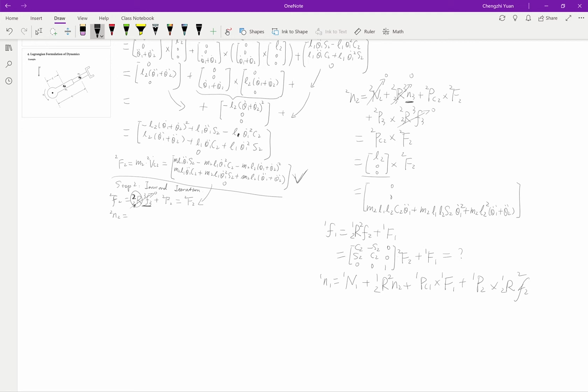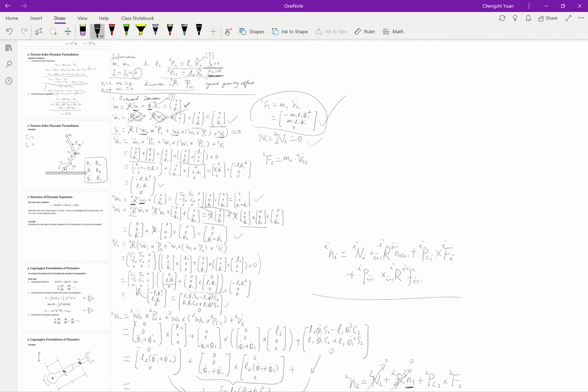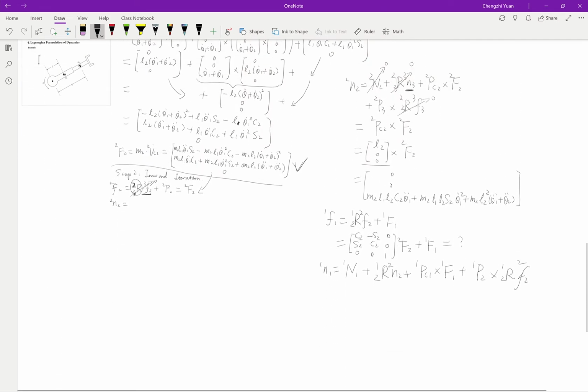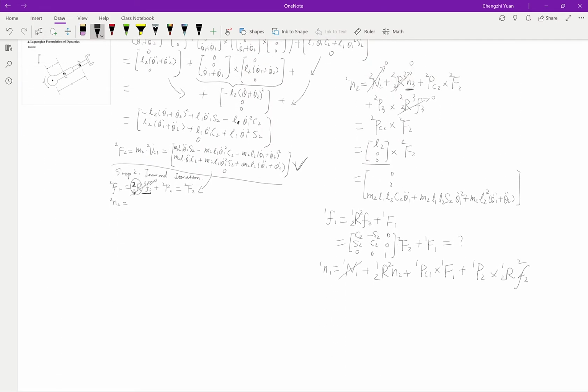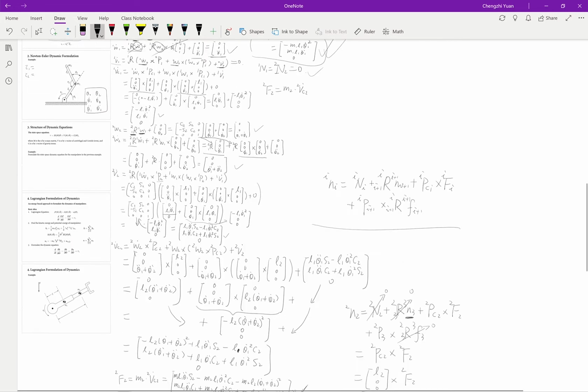What is capital N_1^1? It is coming from here and equals 0, so this term equals 0. Small n_2^2 will be this vector, and the rotation matrix is the same as this one. What is P_{C1}^1? It will be L1, 0, 0, cross product capital F_1^1, which will be this vector here.